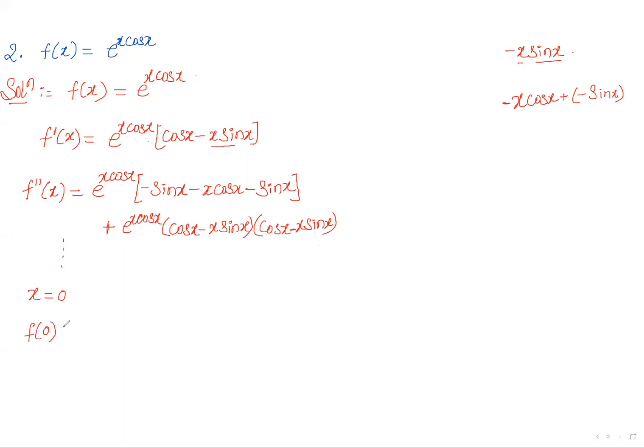F of 0 is equal to e raised to x cos x, e raised to 0 cos 0, that is 1. e raised to 0 is equal to 1. First derivative at 0 is again 1. Multiplying these, sin 0 gives 0, so the first derivative at 0 will be 1.